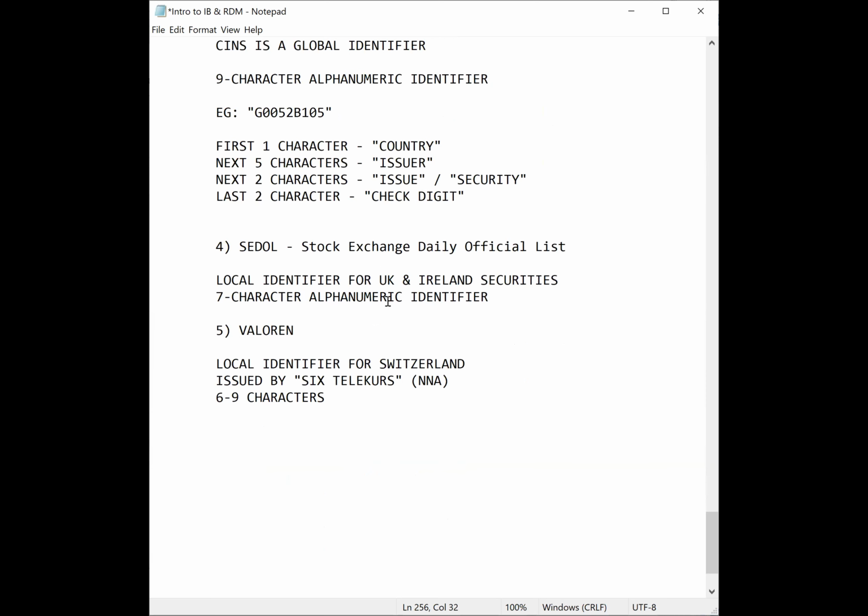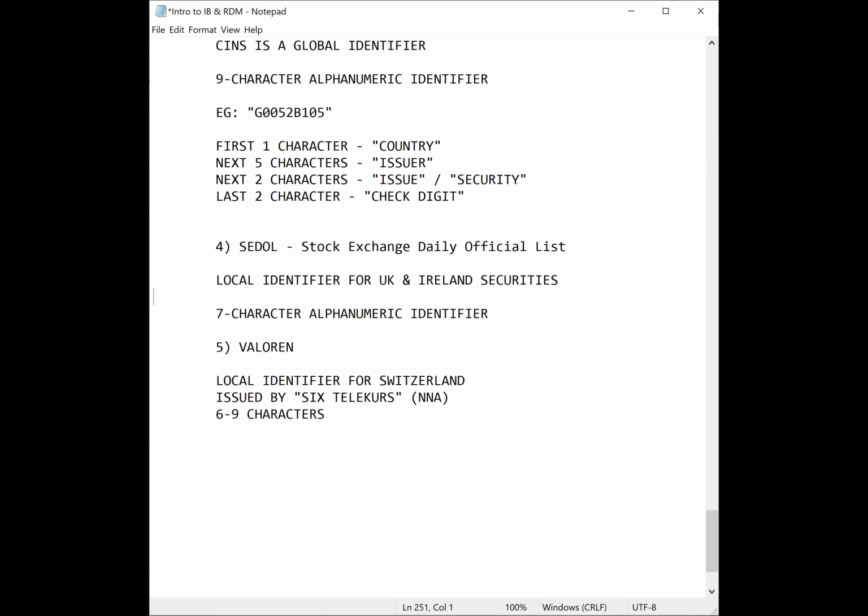Guys, this one, CEDOL, is issued by London Stock Exchange, LSE, which is the NNA for UK. Then we have Reuters code, Bloomberg code.